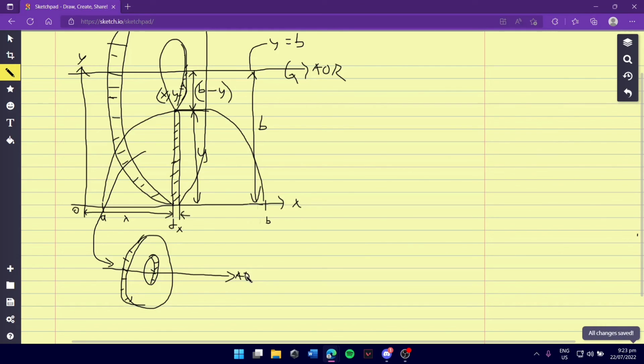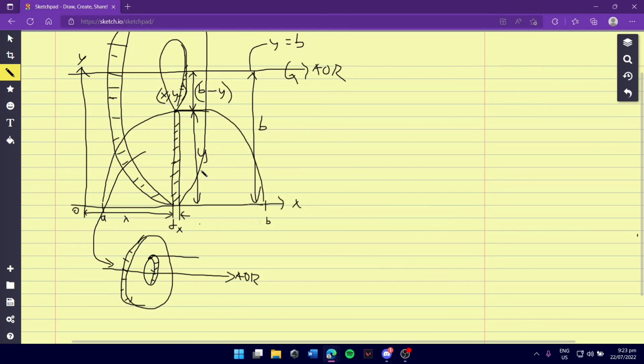So this is your AOR, the axis of rotation, right? So the distance from your inner disk to your axis of rotation here is called your b minus y, right?